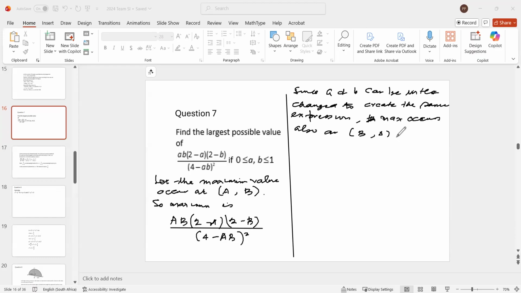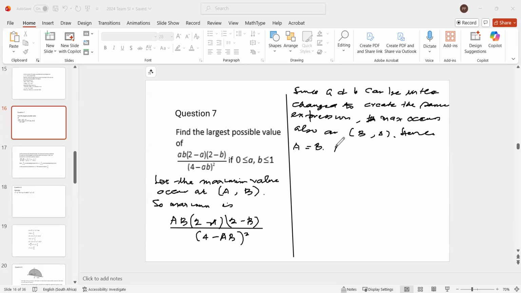So these two are the same. So hence, (B, A) and (A, B) are the same, A equals B. And so at the maximum, you have A equal to B.